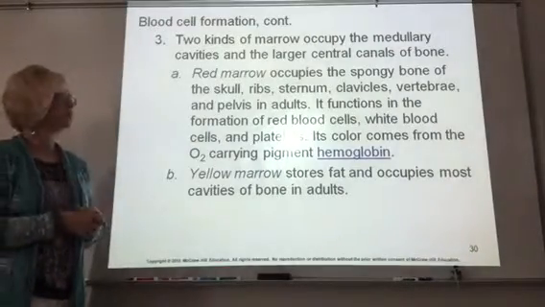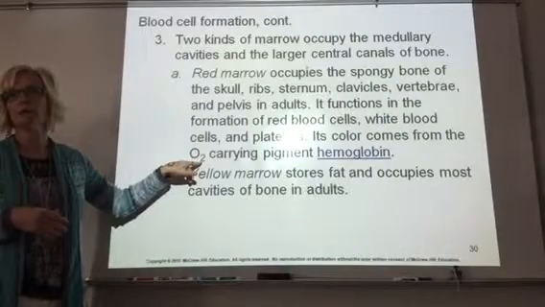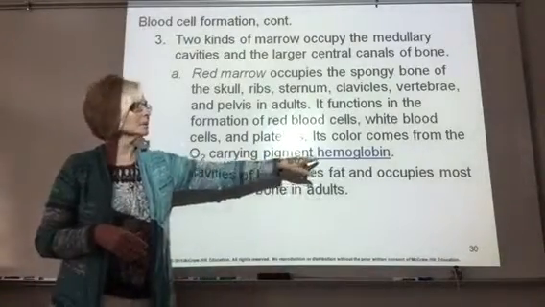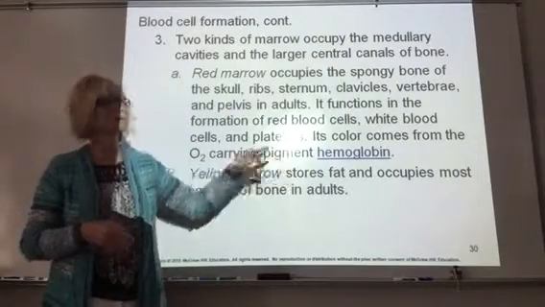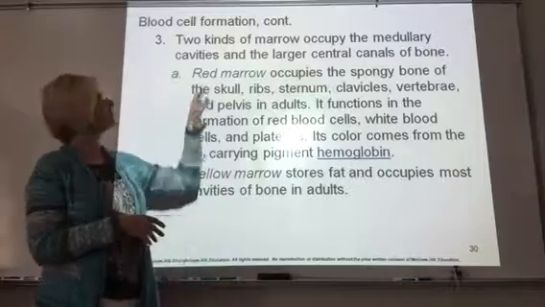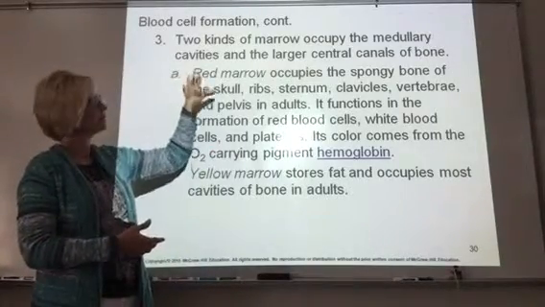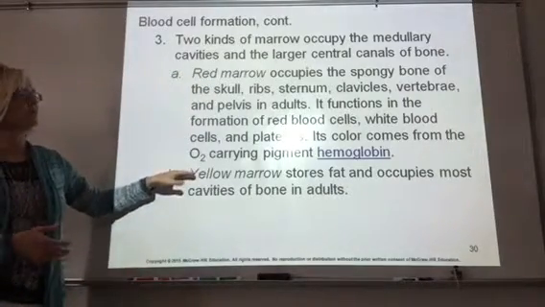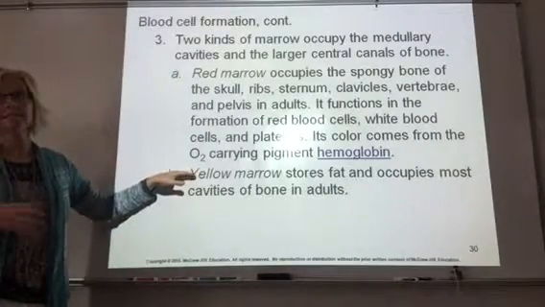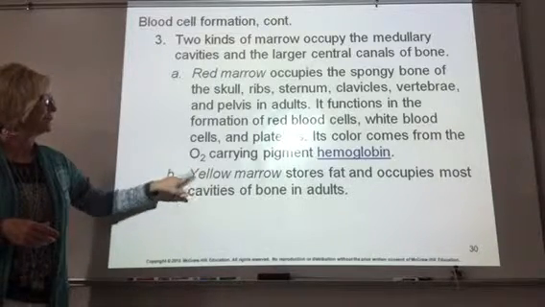Blood carries hemoglobin, which is responsible for transporting oxygen, and that hemoglobin has a red pigment. So hemoglobin gives your blood red color, and it also gives red marrow its red color. Spongy bone, red marrow.